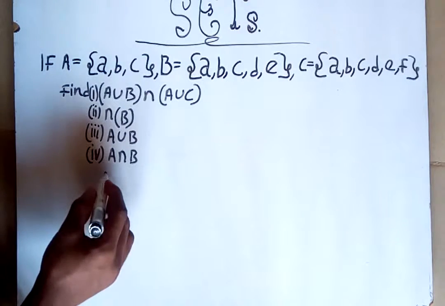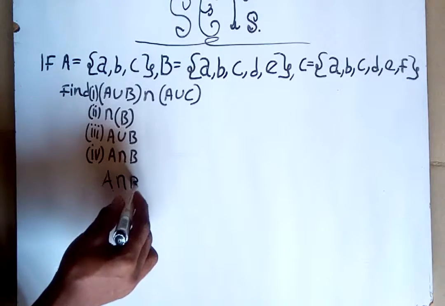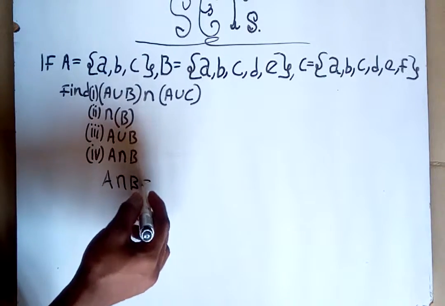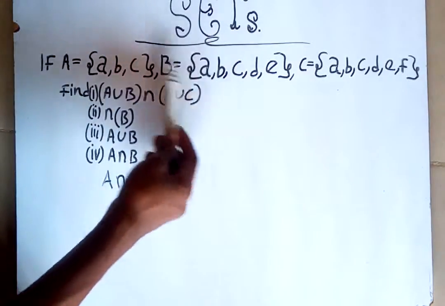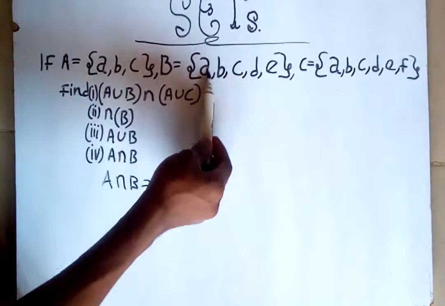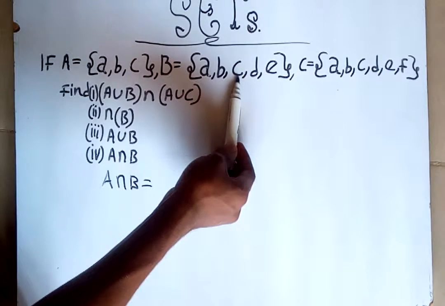So A intersection B would be given as, so what's common within A and B? We have A here, A here, B here, B here, C here, C here.